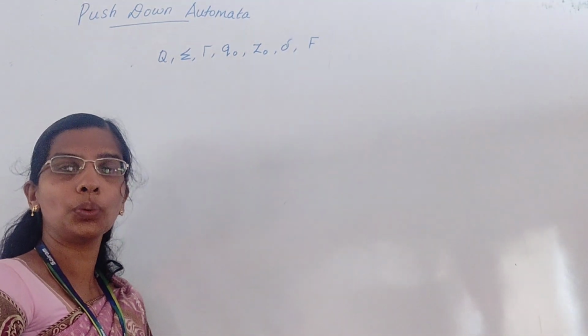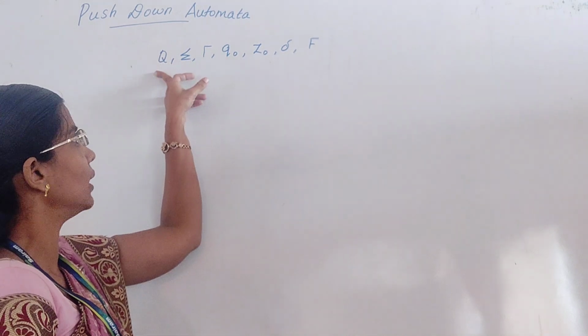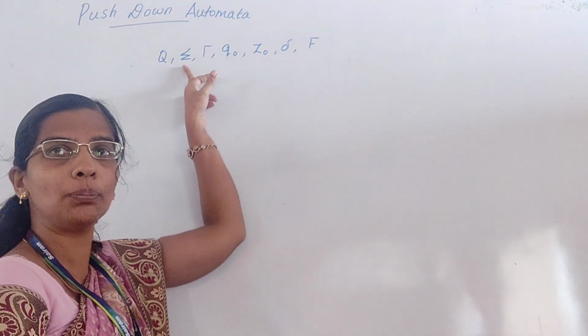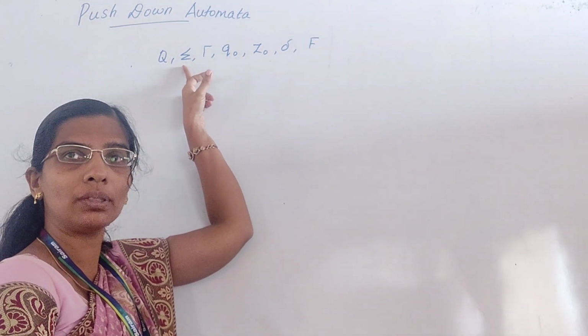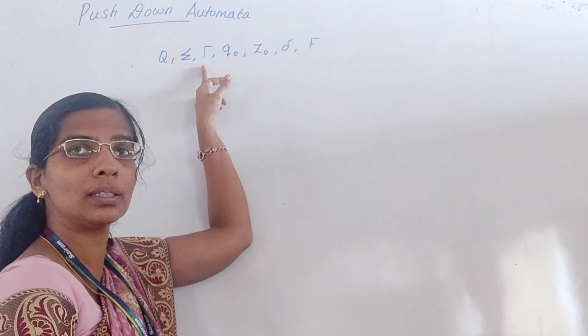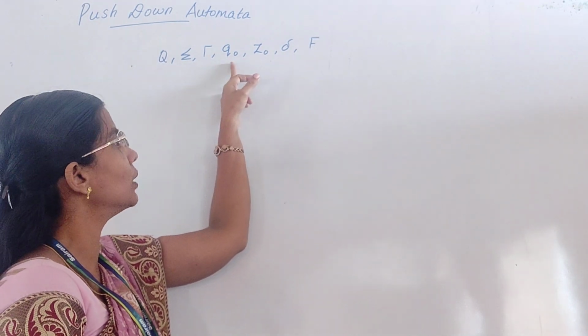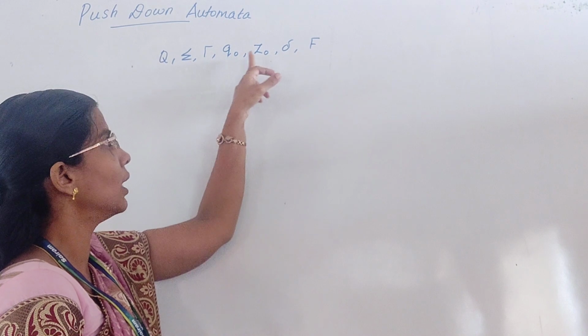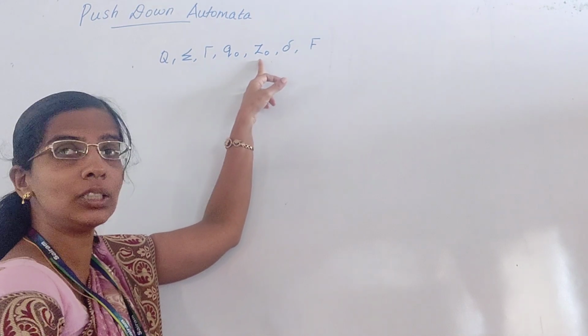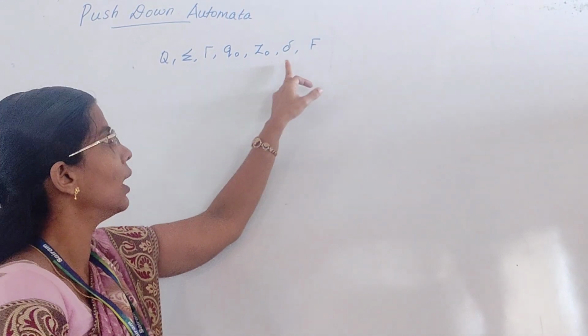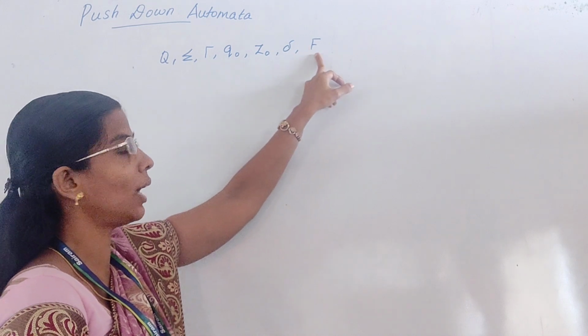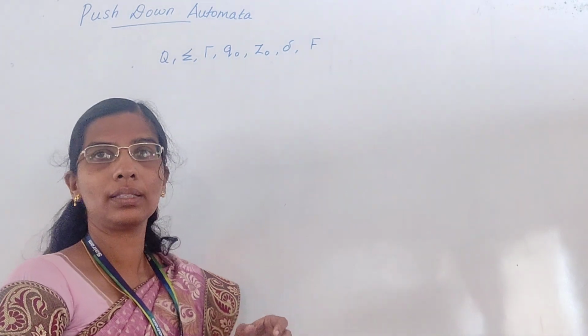As you know, Q is the set of states. Sigma is the input symbols. Since we have a stack, gamma is the stack symbols. Q naught is the initial state and Z naught is the initial state of your stack. Delta is the transition and F is your final state.